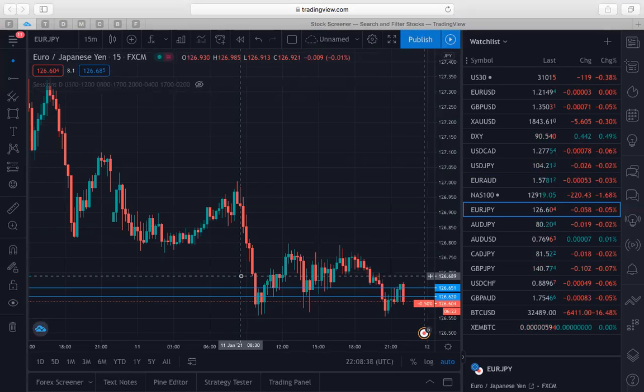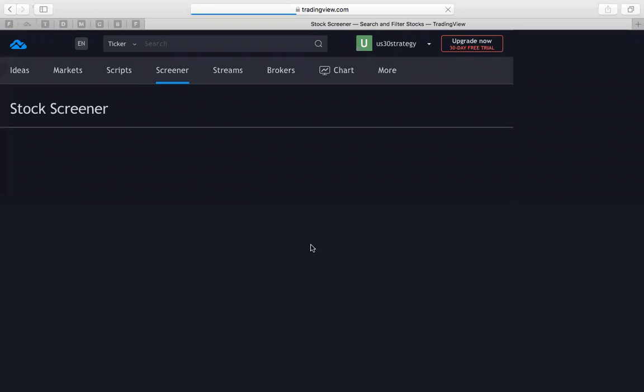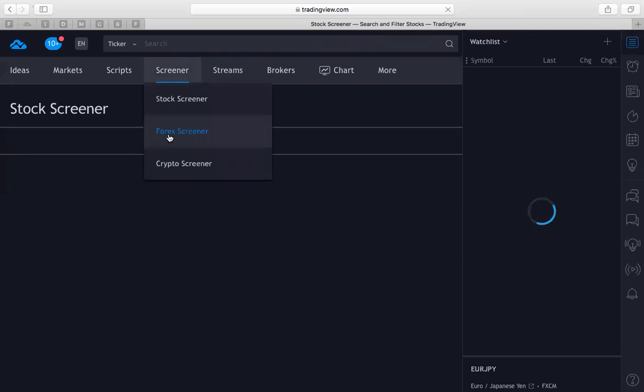Okay, so let me show you something. If you want to know which pairs to trade, you can just come to scanners here. I told you my network is a bit poor, so the whole screen isn't loading. You're going to find Forex and crypto, so you just go to Forex, and then you look for trend.